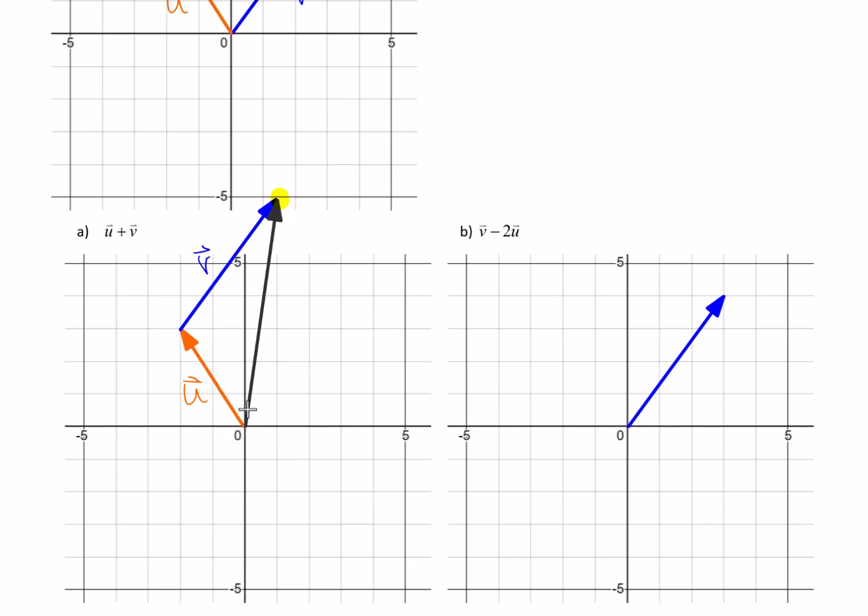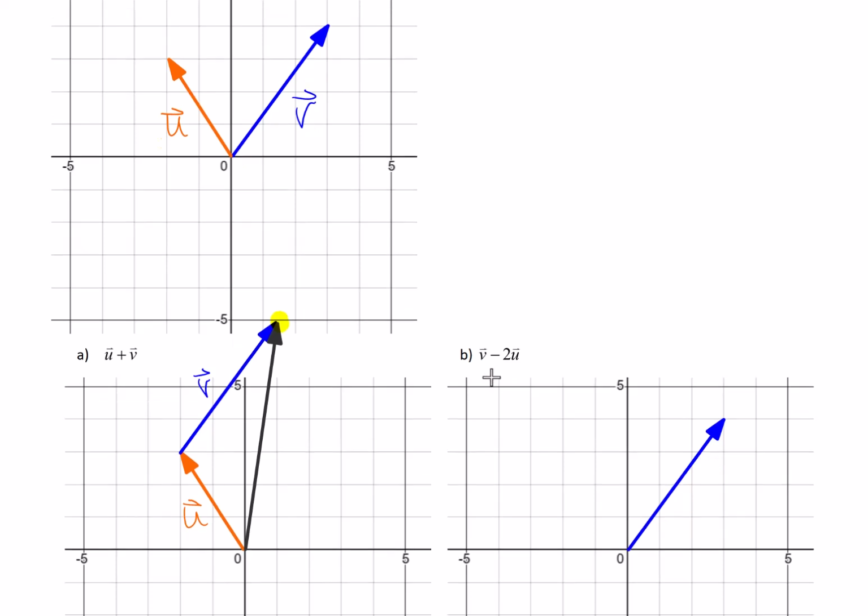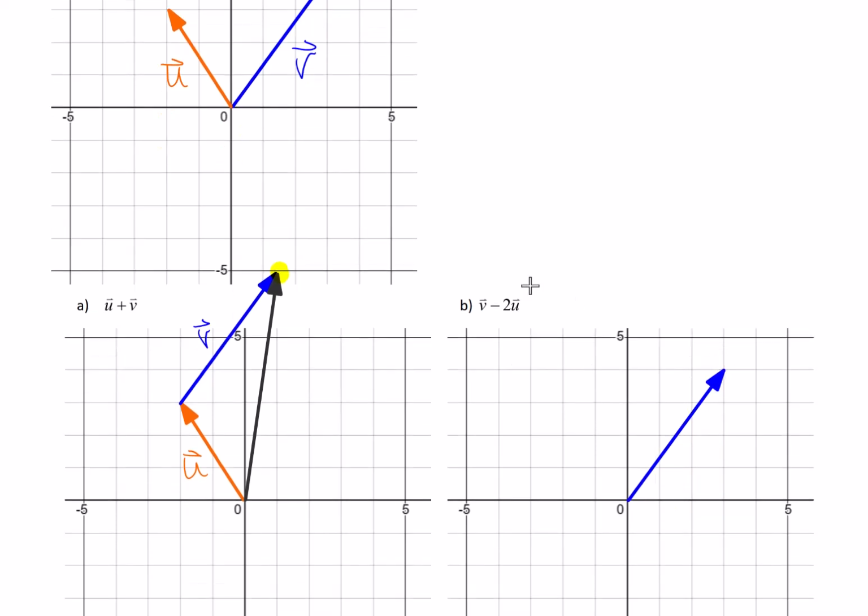So notice vector u originally went left 2, up 3. So that length has now to be extended twice in the opposite direction. That means you could go right 2, but then down 3, but do that twice.